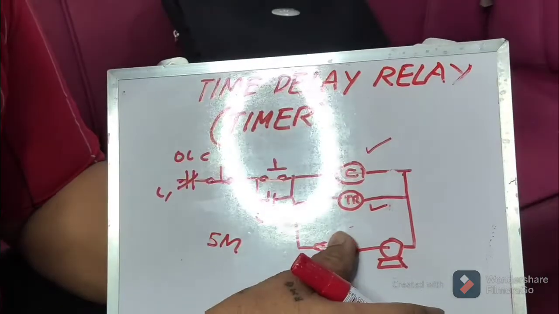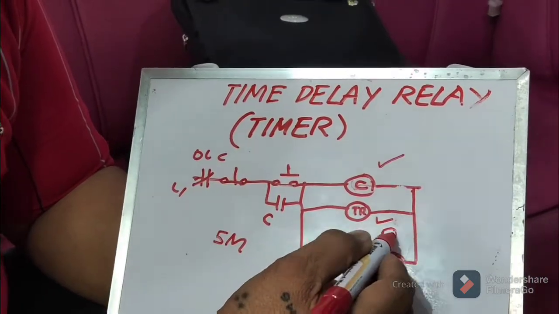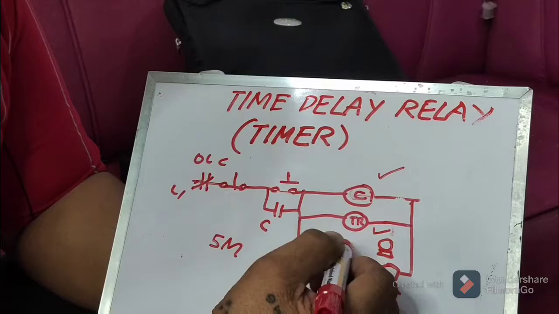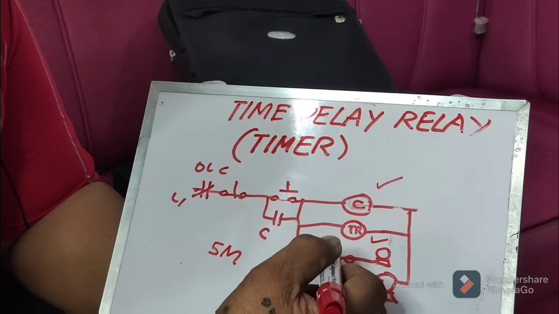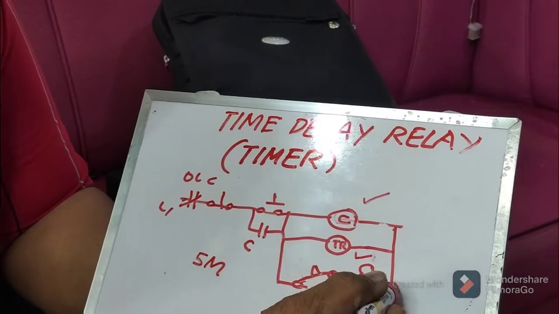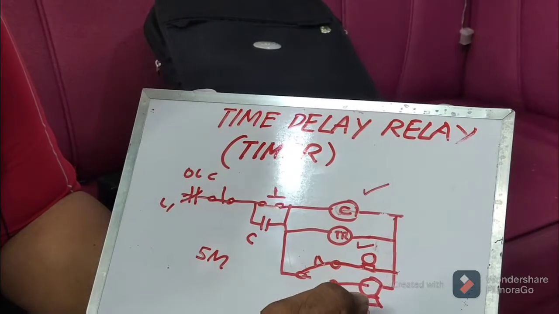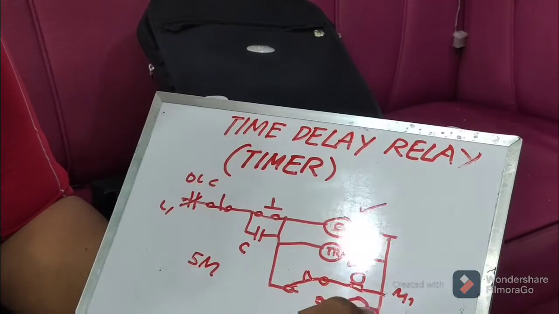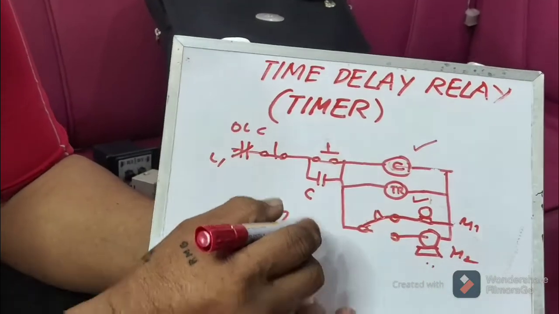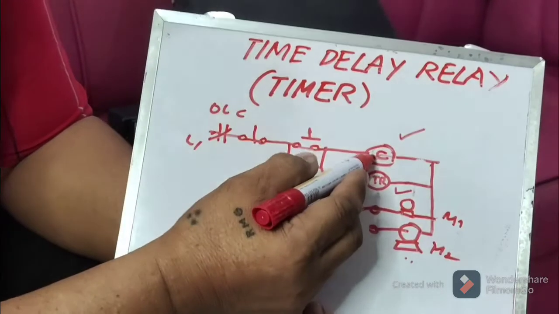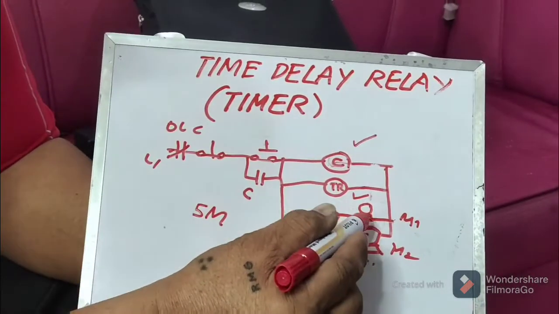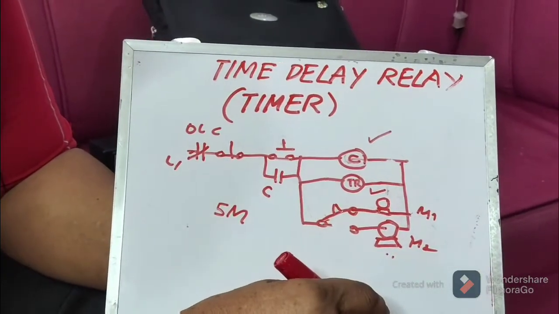So if we are putting two motors here, you have one motor here, motor number 1, like that. This is motor number 2, motor number 1, motor number 2. So if I press this one, this is energized, this is energized. At the same time, motor number 1 is energized.